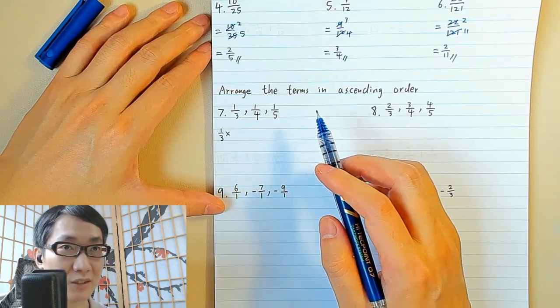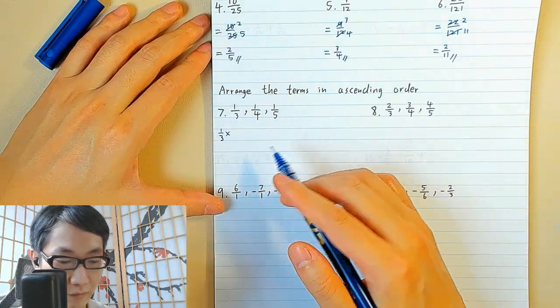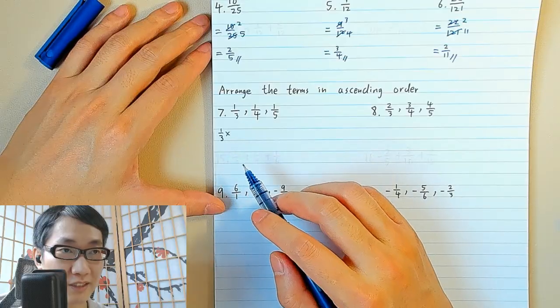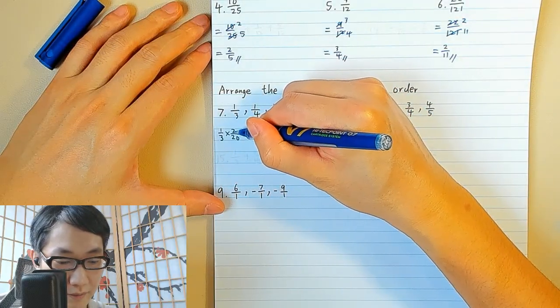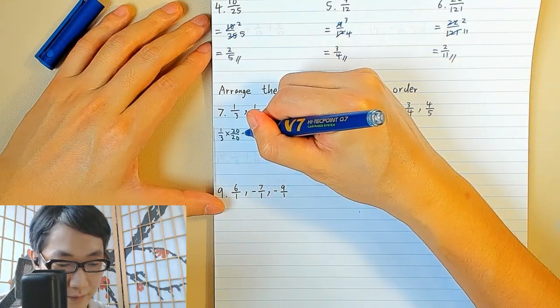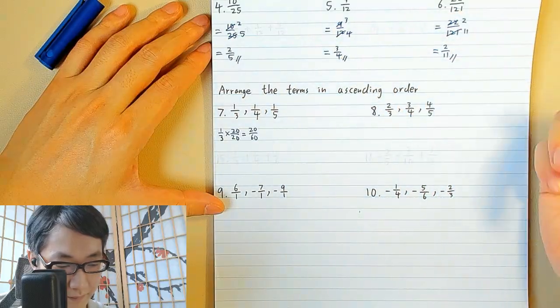So 60 will be okay for all of them. So I have to turn 3 into 60 by multiplying 20. Okay. And we have 20 over 60.